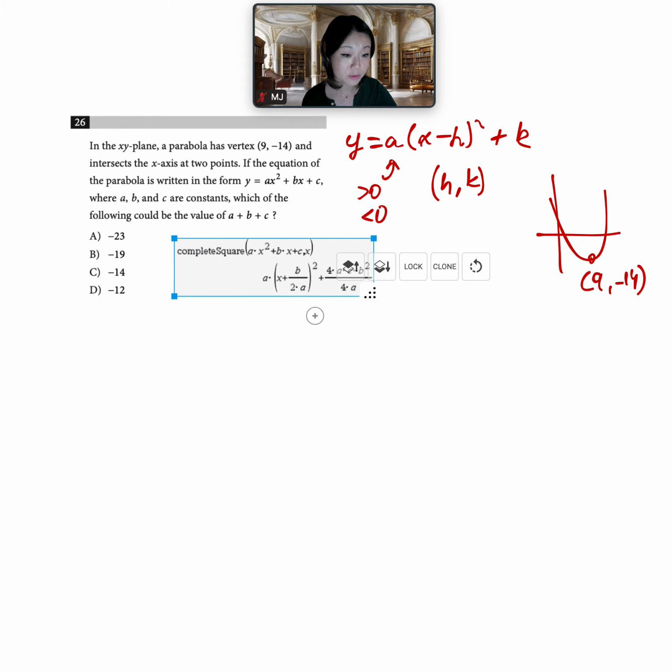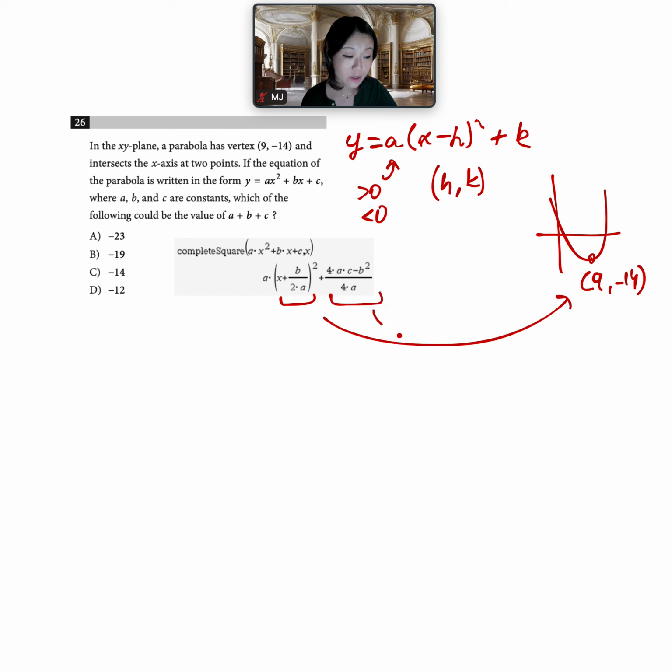Effectively, you press menu 3.7, and you can just write in the general equation in standard form, and it will give you what the letters would be in vertex form. Hopefully you are all following here. This is going to be your 9, and this over here is going to be your -14. So there's a little bit of algebra here where you set -b over 2a equal to 9, and this other expression equal to -14.